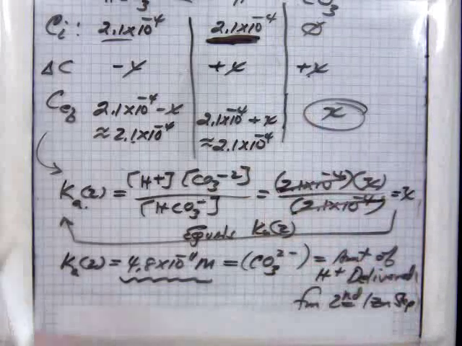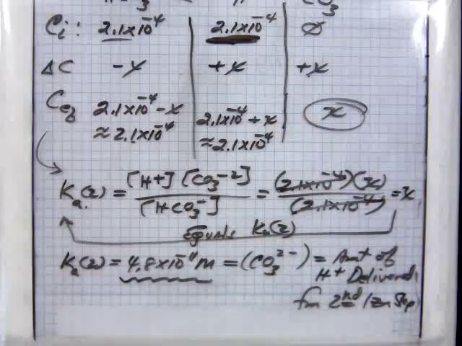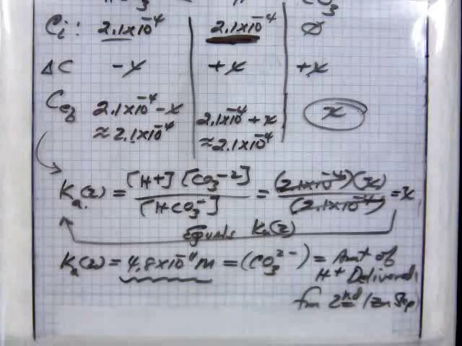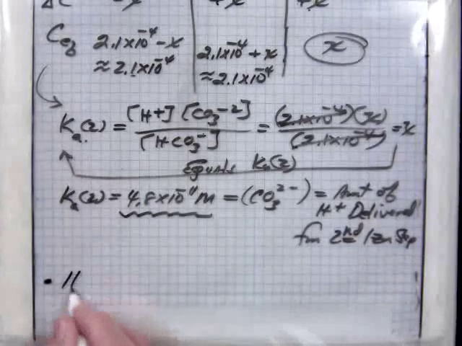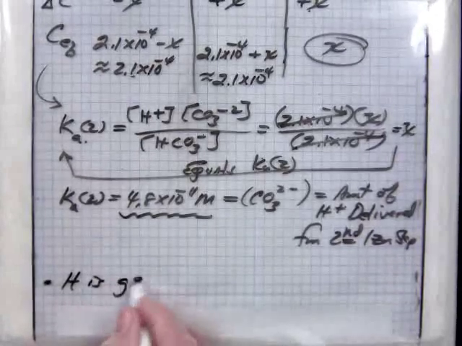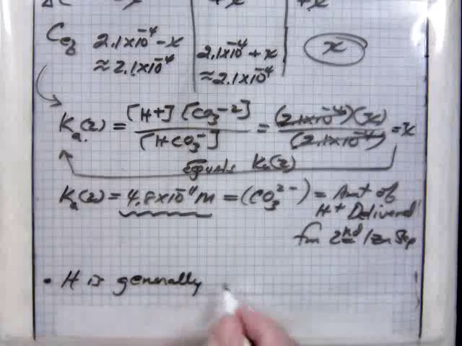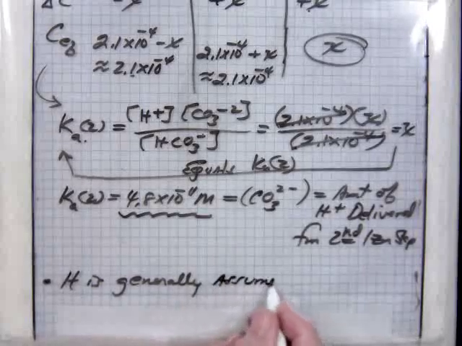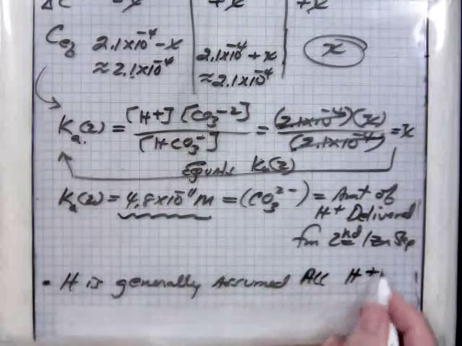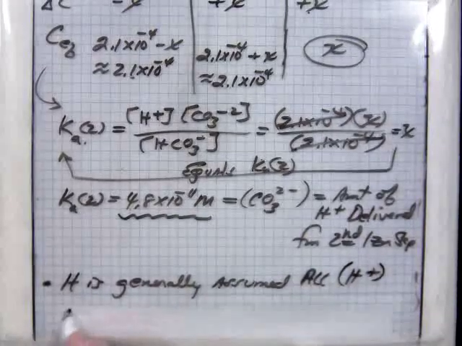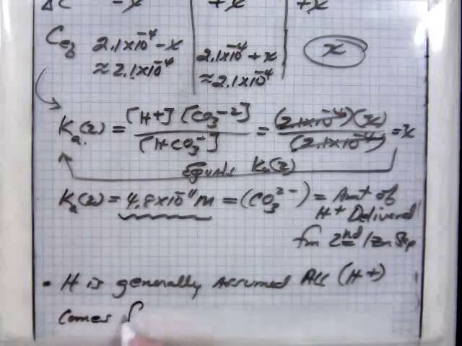So when we consider a polyprotic ionization, you don't have to go through the second ionization step, because it's not going to make a contribution to the overall hydronium ion. So the conclusion here is, it is generally assumed that all H plus ion concentration comes from the first ionization step.